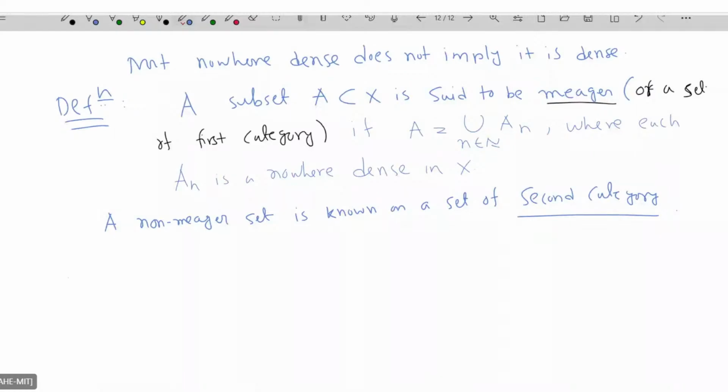Now we have a complement. Suppose the set is meager. Consider the complement of a meager set. It will be called co-meager, also known as residual. So a subset A of X is called co-meager, also known as residual, if X minus A is meager.